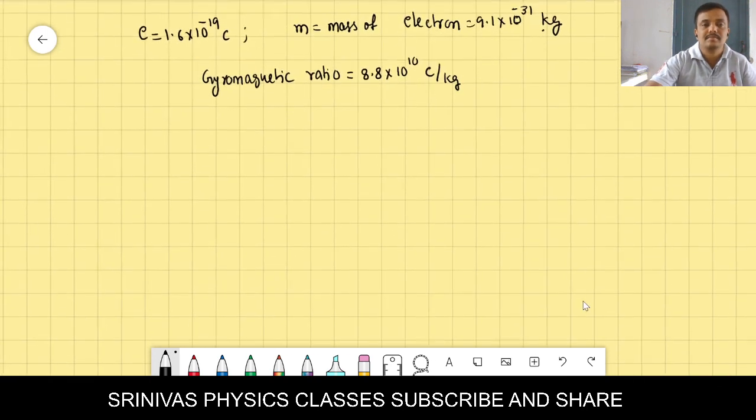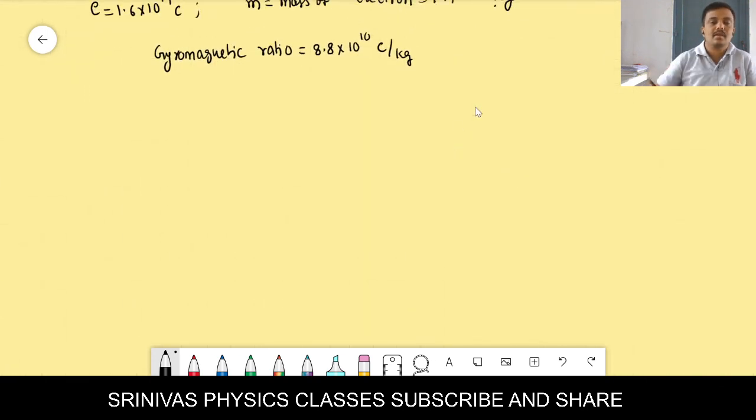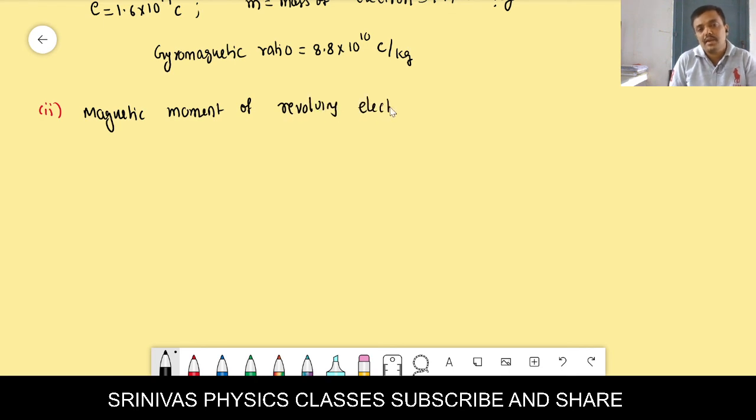Next, second point in the note that I am going to explain. Magnetic moment of revolving electron, formula is what? What we derived? m is equal to e by 2m into capital L. What is capital L?